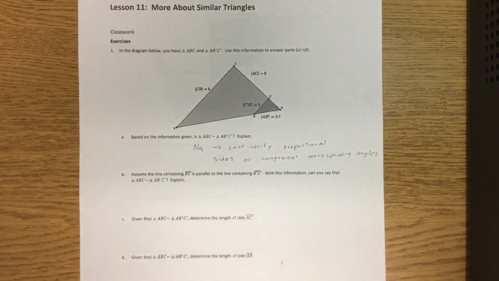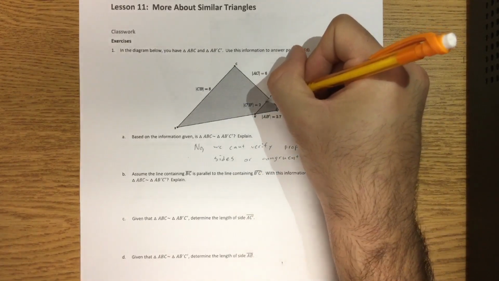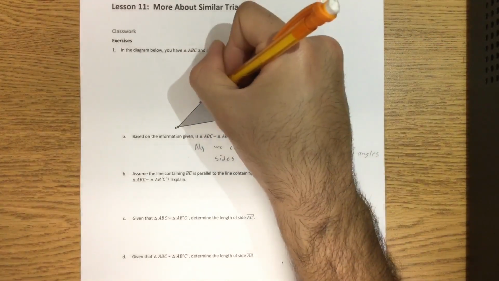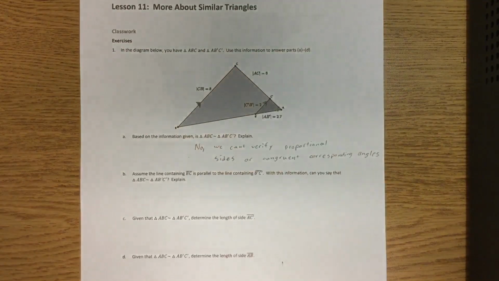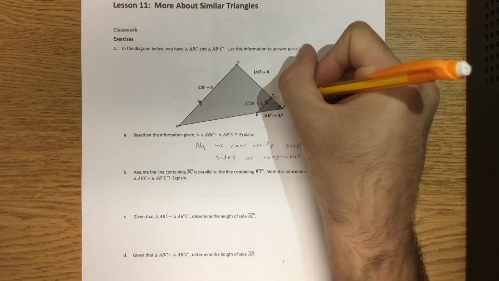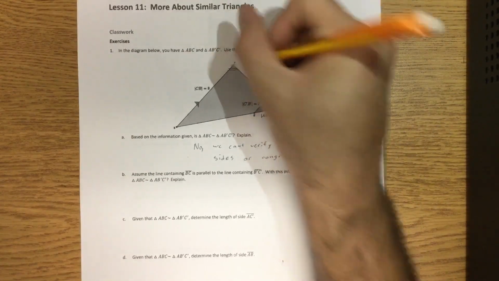So based on the line, assume the line containing BC is parallel to the line containing B prime C prime. So now we know this would be line B prime C prime. They're parallel to this one out here. Okay, now do we have enough information? Yes, because we know, okay, these are corresponding angles. So that one down there, this one right here.